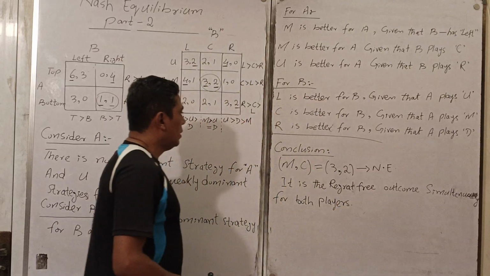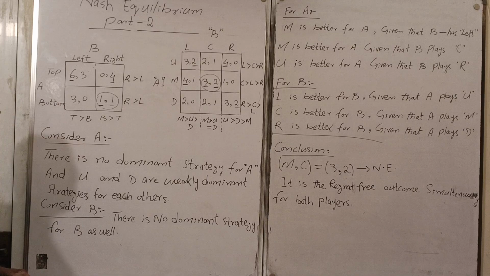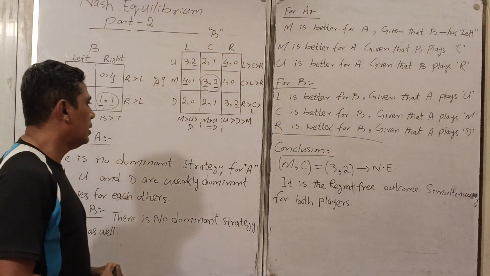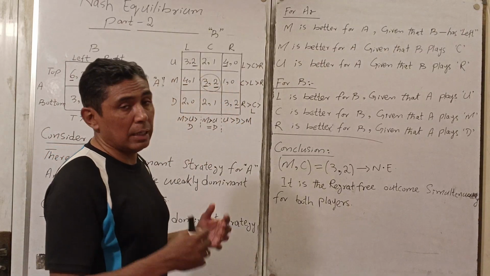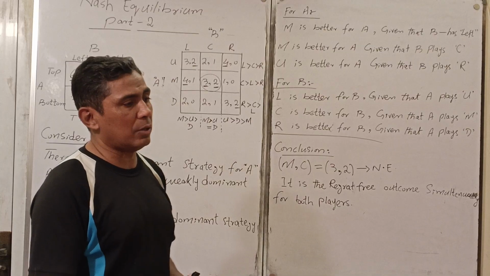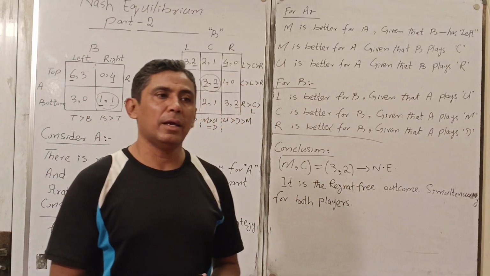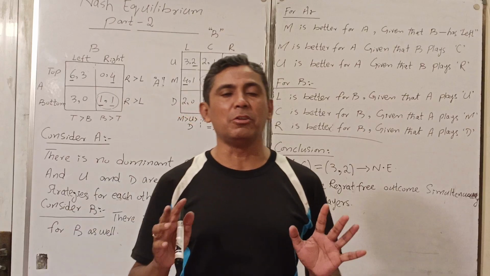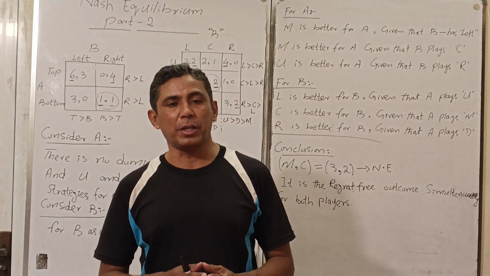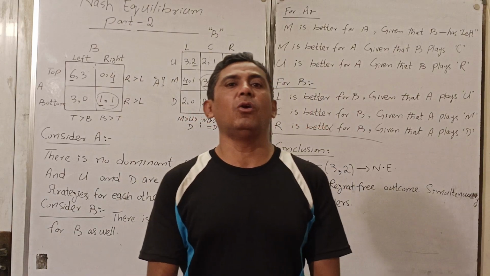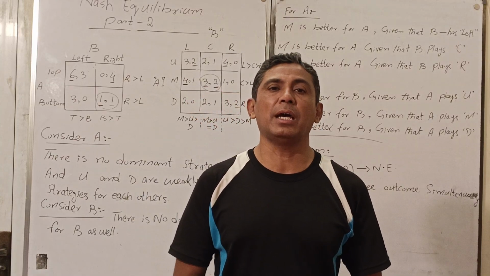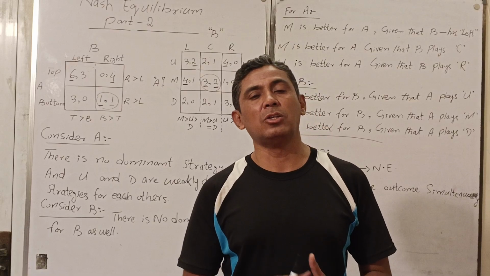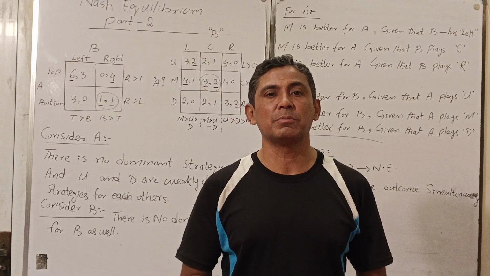Okay guys, that was from my side, and I have concluded how you can find out the Nash equilibrium. That was a very interesting topic, because most people are confused about how to find the Nash equilibrium. Now I have explained the justification that sometimes you don't have a dominant strategy solution.